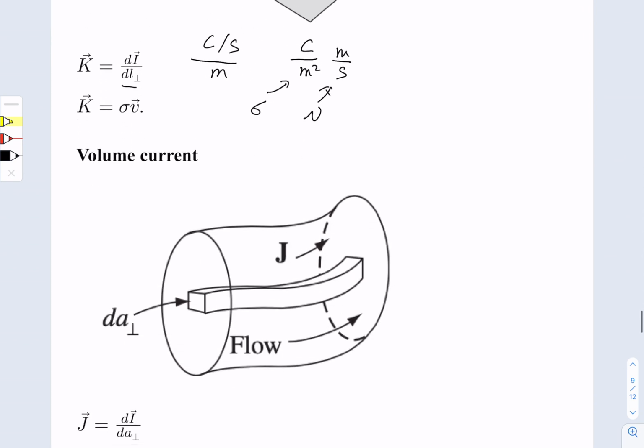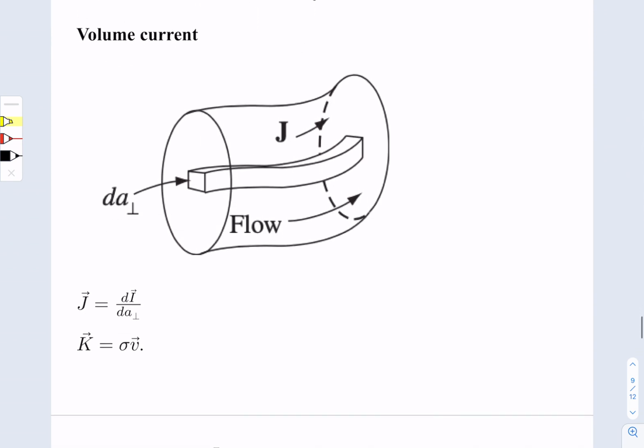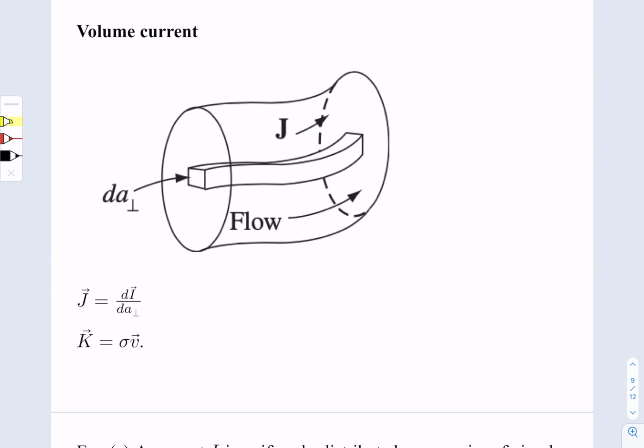And likewise, we can define a volume current. The volume current is the current per unit area. In terms of dimension, it's coulomb per second over meter squared. Now we separate this into two terms. One is coulomb per meter cubed, and another is meter over second.